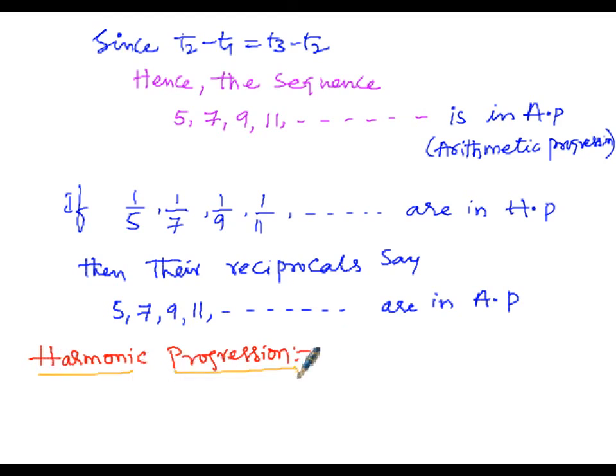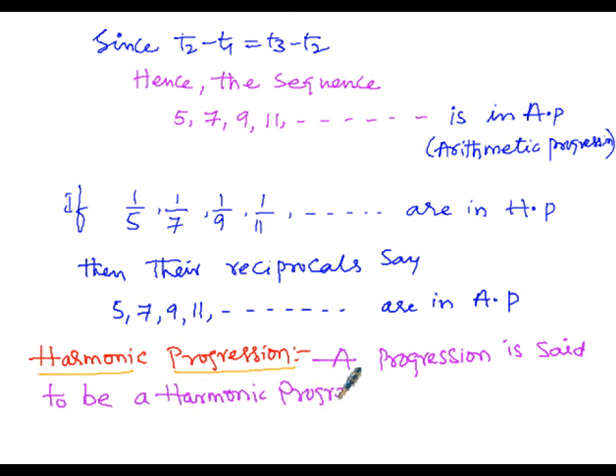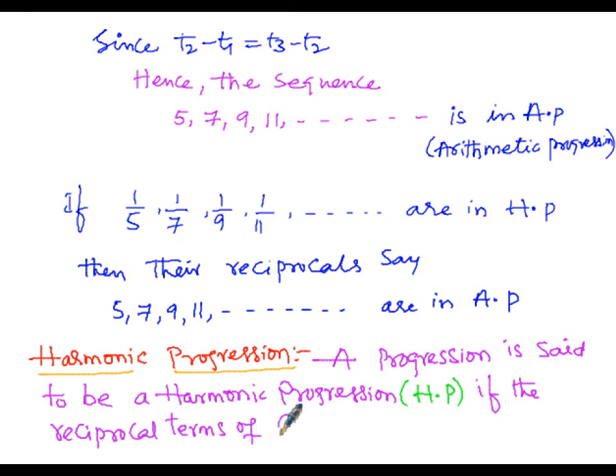A progression is said to be a harmonic progression, in abbreviation HP, if the reciprocal terms of the given sequence or given series form an arithmetic progression.